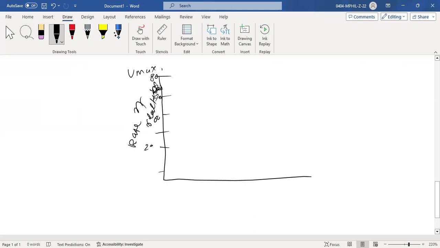So at this point, you may have conditions. There would be a condition where you show the substrate concentration here.